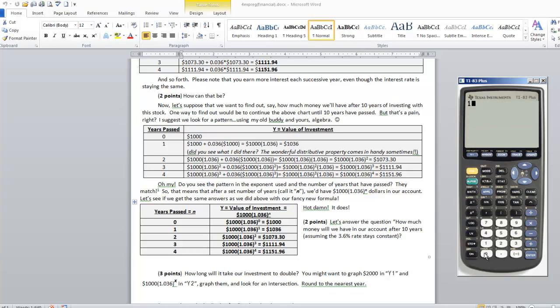You'd have $1,000 times 1.036 to the 10th power, not 11th, 10th power. And you would have about $1,424.29, rounded off to the nearest cent. Cool. So that's how much you'd have after 10 years, assuming that you're making 3.6% each year.